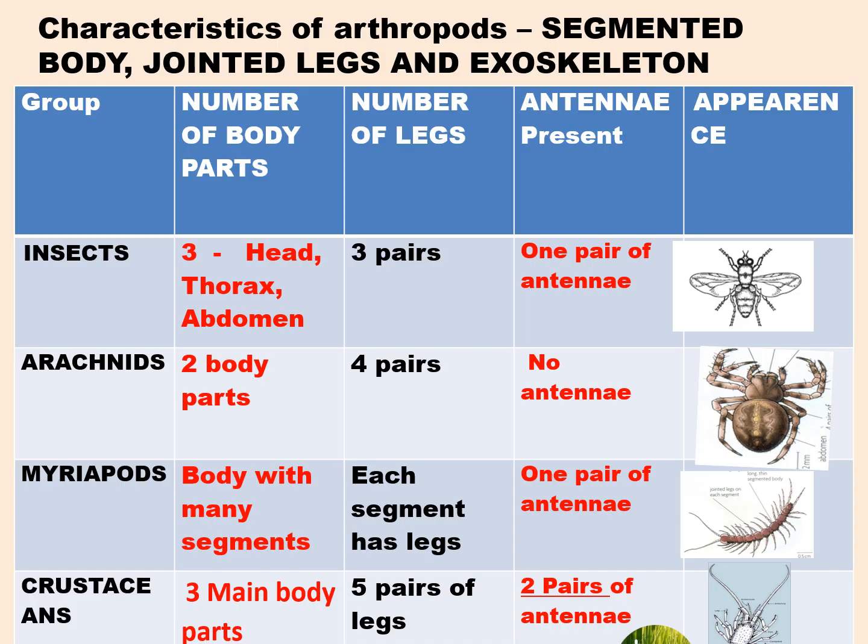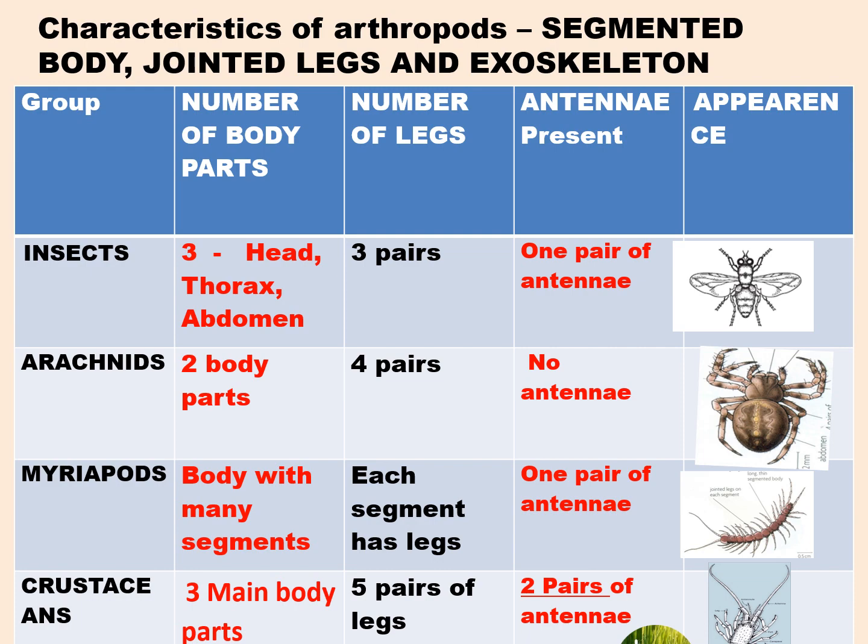Then arachnids, they have 2 body parts, 4 pairs of legs, no antennae, and the appearance is like the spider, like this. Then myriapods, body with many segments. Each segment has legs, 1 pair of antennae, and the appearance is like this.